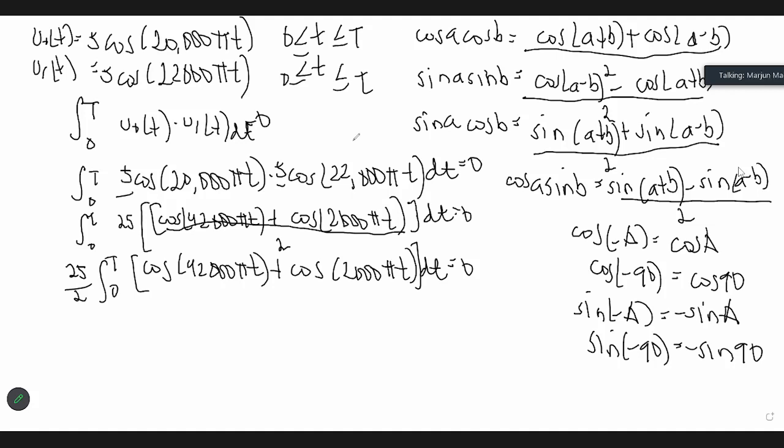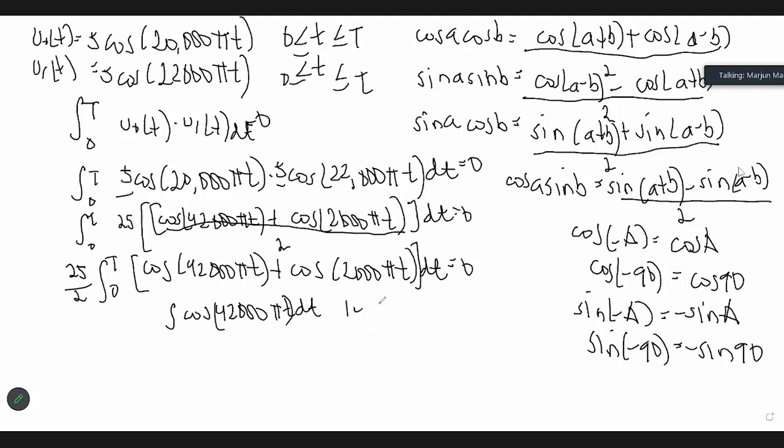Okay. So proceed tayo. When we're dealing with integration of trigonometric identities, basically it includes angle. Okay? So papaalala ko lang kung paano mag-integrate. So for example, ito, integral ng cosine 42,000 pi t dt. When we're dealing with integration of trigonometric functions with angle, what we do is let the value of the angle as u.